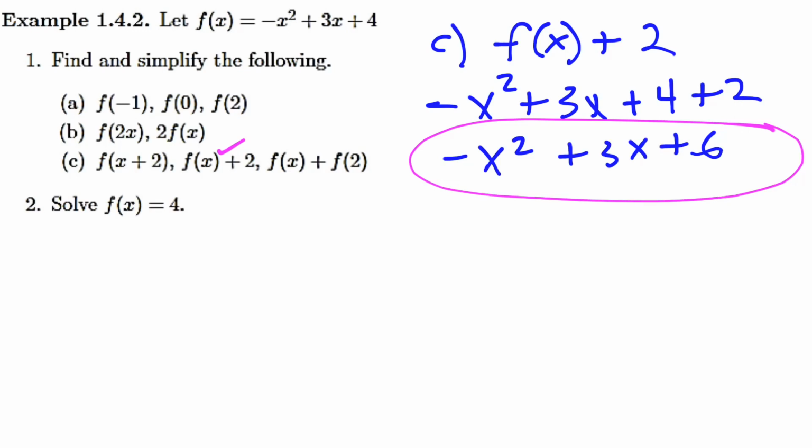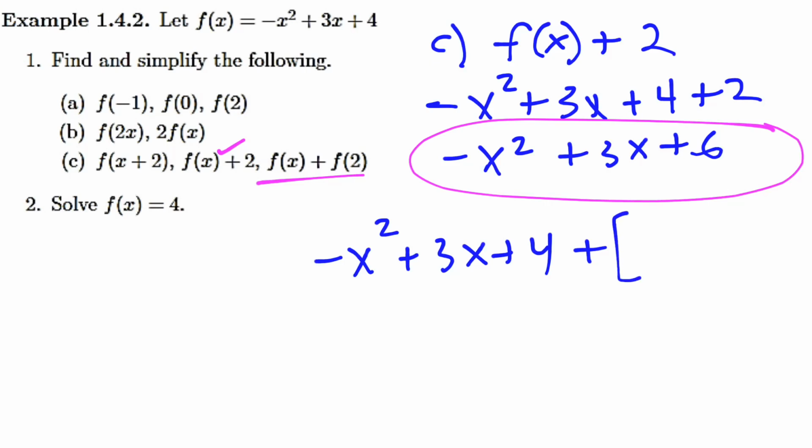So for this one here, we're going to take f of x and we're going to add to it f of 2. Okay, so f of 2 means I've got to put a 2 in there wherever I have an x, and this is just going to be a numerical value then.